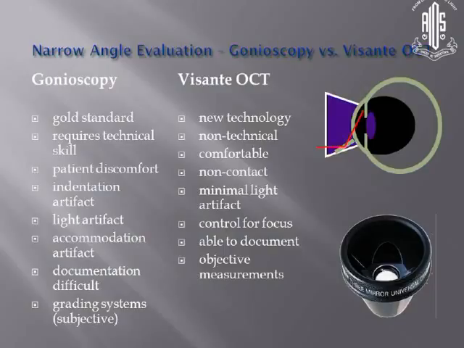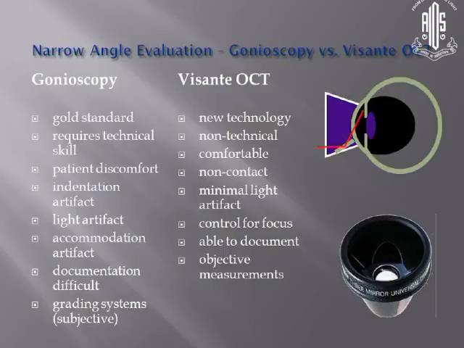Number two, gonioscopy is affected by light artifact. When there is lots of light in the room, you may have erroneous findings, and you may see angle structures which are erroneously visible. Otherwise, in normal conditions, they may not be visible, it may be appositional closure. As against this, the ASOCT is an objective test.